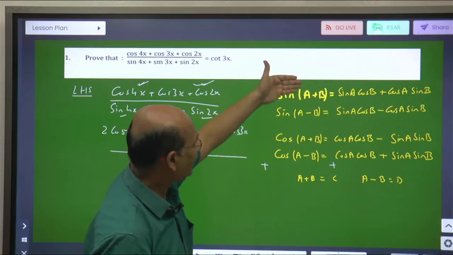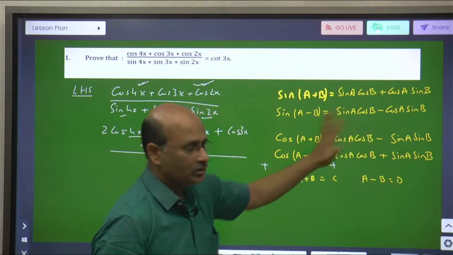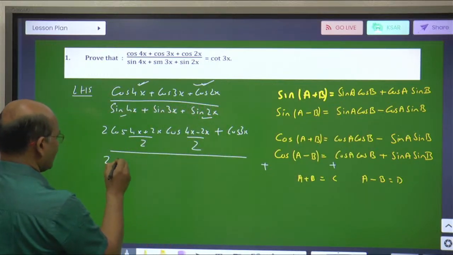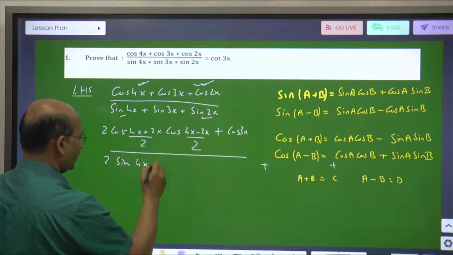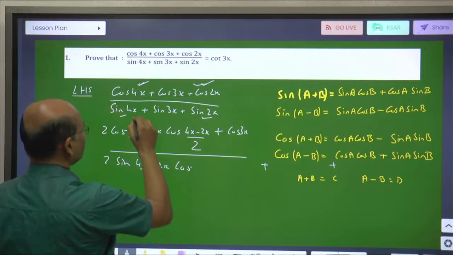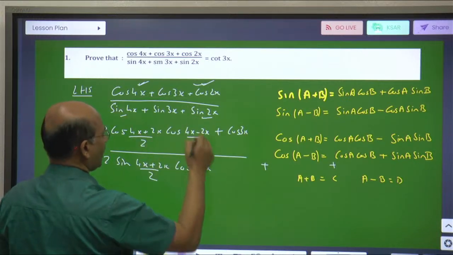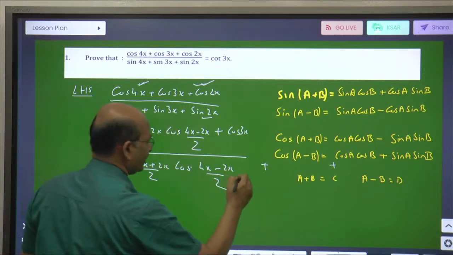Sin C plus sin D. If I add, this will get cancelled. So 2 sin cos. So this will become 2 sin C plus D by 2 cos C minus D by 2, and this plus sin 3x as it is.